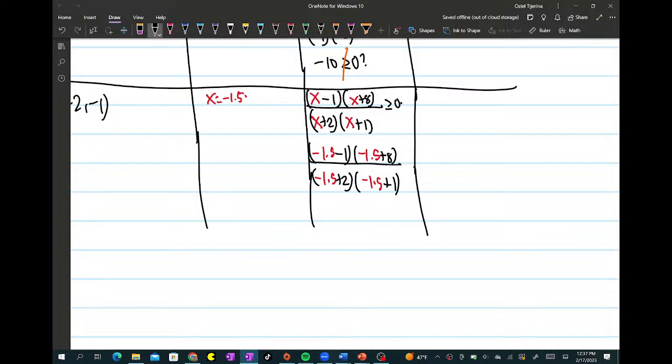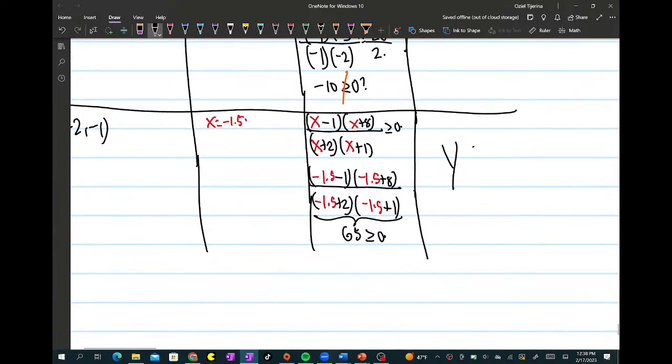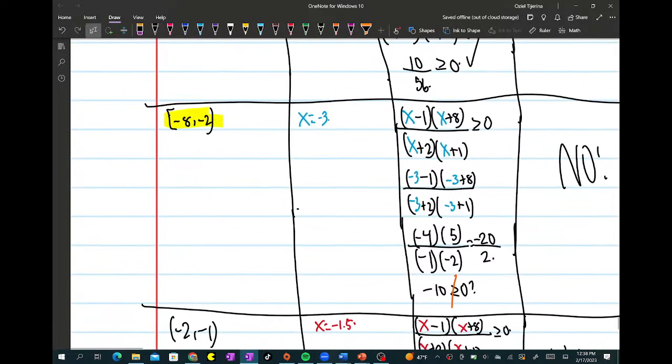So this is 65. This entire thing is 65, and it's greater than or equal to 0. So yes, this works.